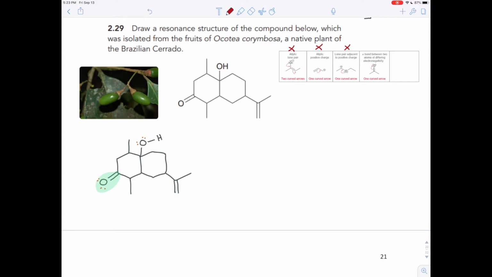How about the bottom left? Here we have a pi bond, and the pi bond is between an oxygen and a carbon. Oxygen is one of those extremely electronegative elements that you want to watch out for. And so it is much more electronegative than carbon. It's right there in the top right. In the top right, you have nitrogen, oxygen, fluorine, and chlorine. So those are really electronegative elements.